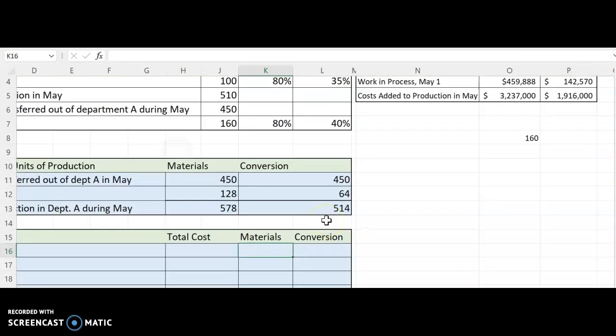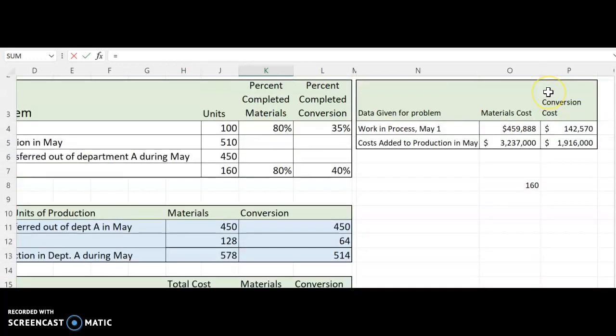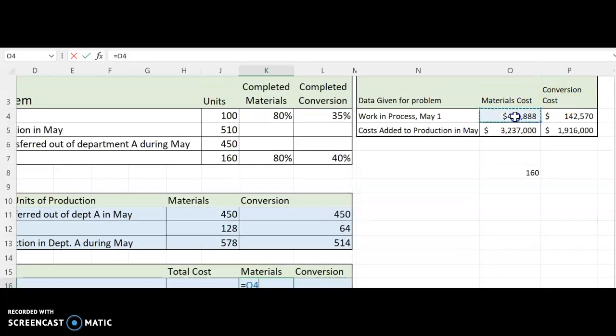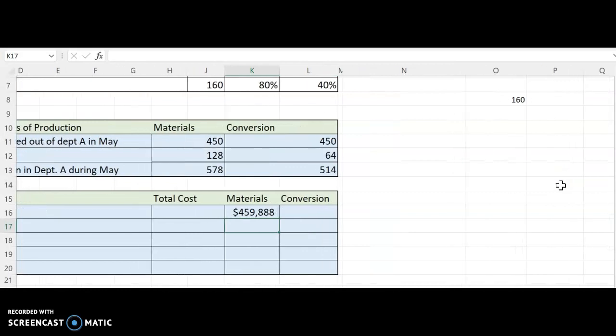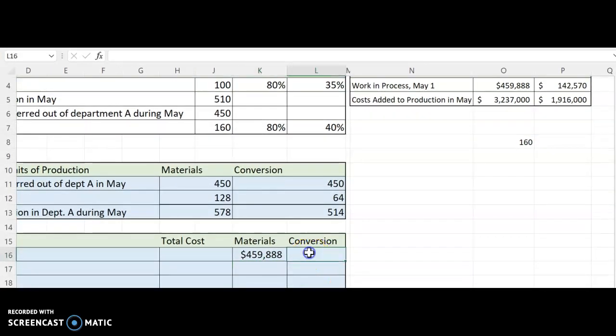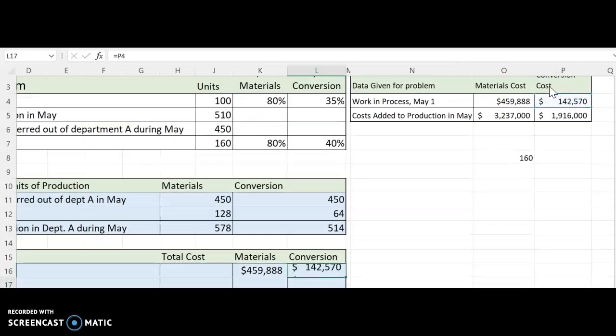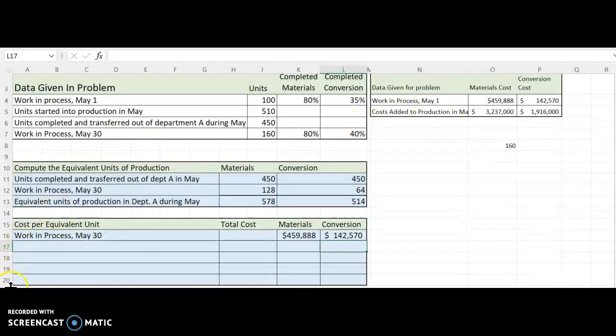So all I'm going to do is put equals and select work in process. So there's that dollar amount. And then we're going to do the same thing for conversion. So equals, and then the conversion dollar amount. So I didn't do anything, I just pulled those numbers over.